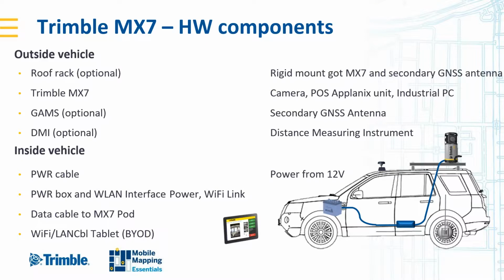And then we operate the system using, generally speaking, a tablet. Just connect via Wi-Fi and use a web browser to access the operation of the MX7. However, you could also use a PC if you wanted to, or well, any device with a browser, basically, even a phone, if you wanted to do that.